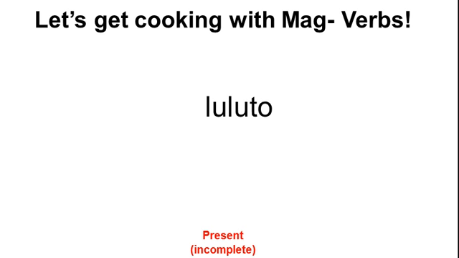Luluto. When we talk about present tense and future tense, by the way, we will double up the first syllable of the root word. That's what we just did. Luluto. So do we bring in Brother Nug or Brother Mug? Let's find out. Aha. Brother Nug again. Brother Nug says, Nagluluto.